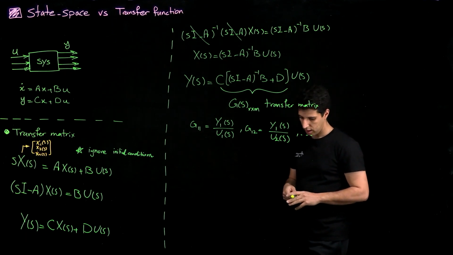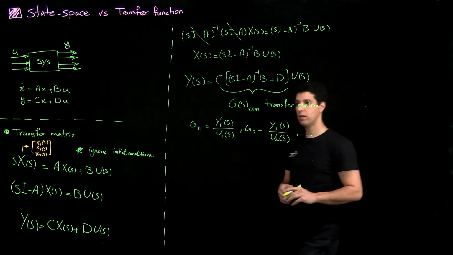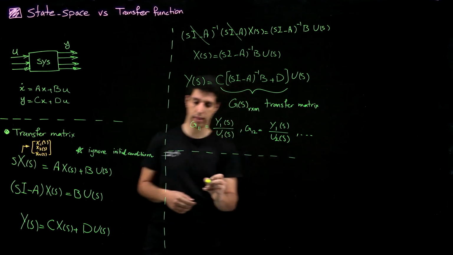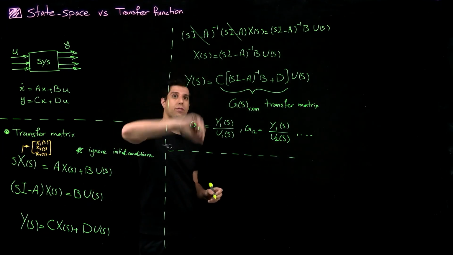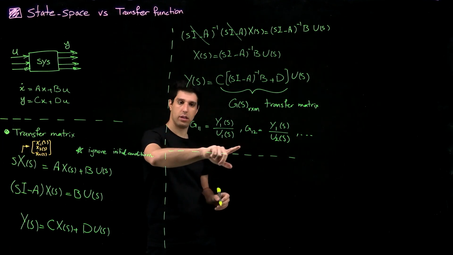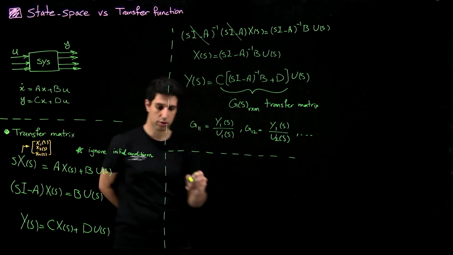Maybe it is useful to note that if I want any one of the y's, it is being affected by all the inputs. For instance, y1 is being affected by u1, u2, and so on.